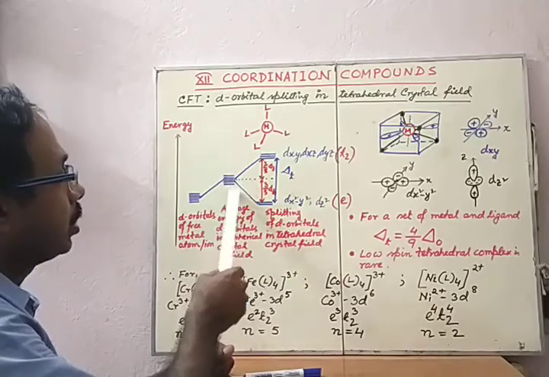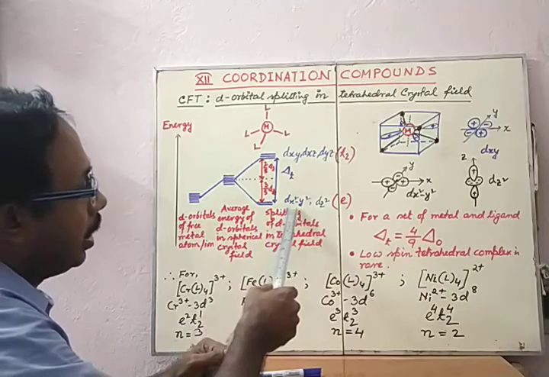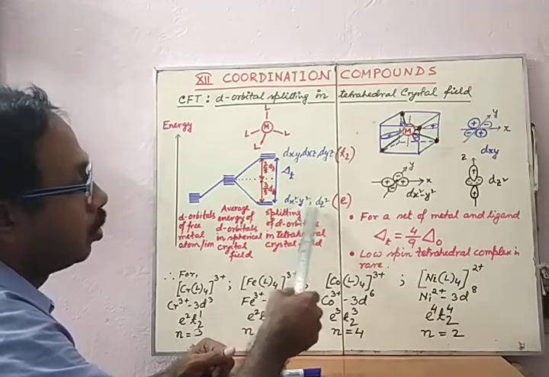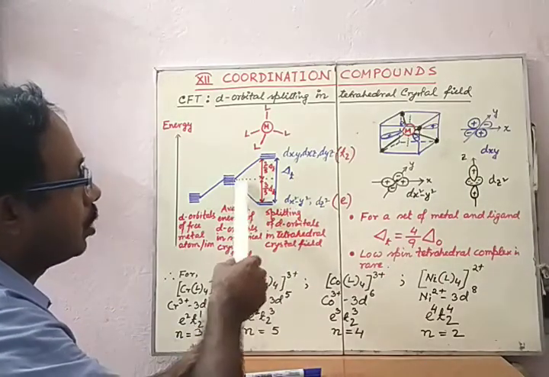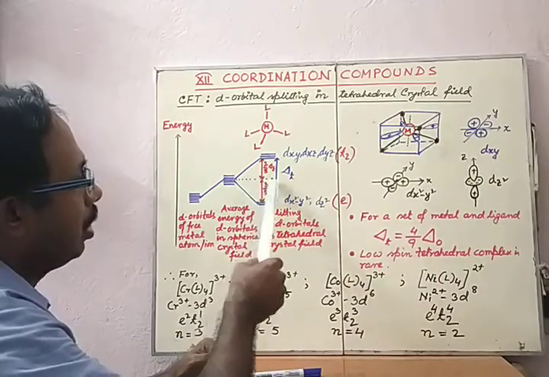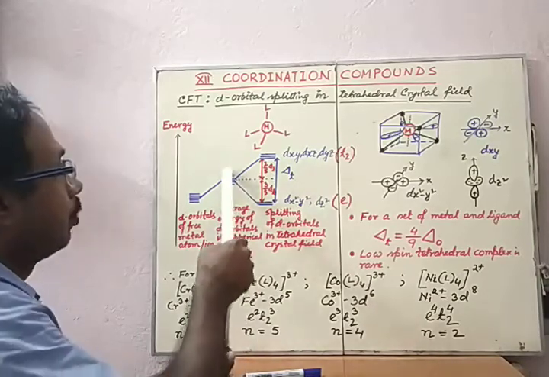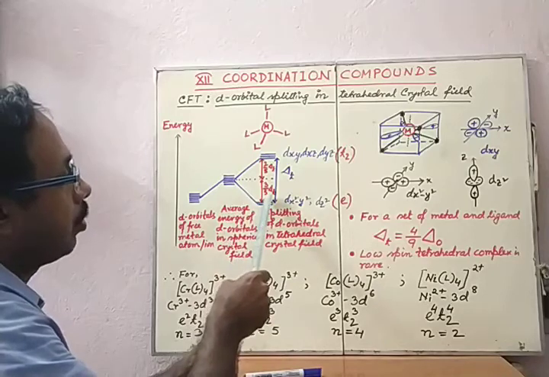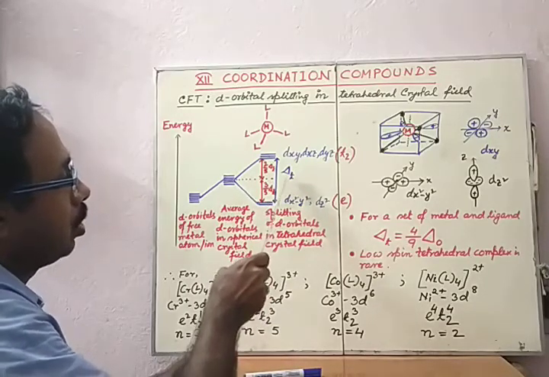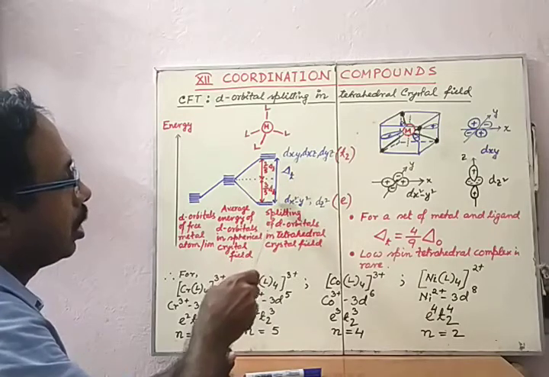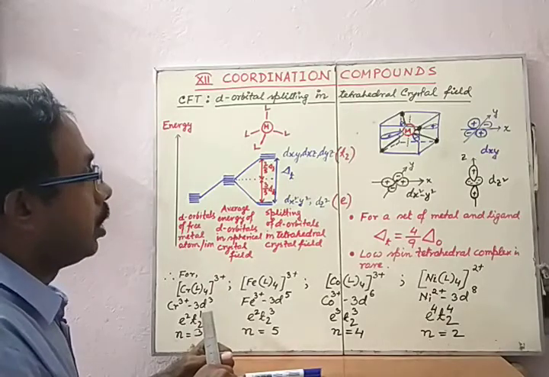Now the degeneracy of these d orbitals is lifted in such a way that the energy of these 2 orbitals, those along the axis, is decreased from the average value by 3/5 parts of delta t, where delta t is the separation energy of these 2 sets of d orbitals.